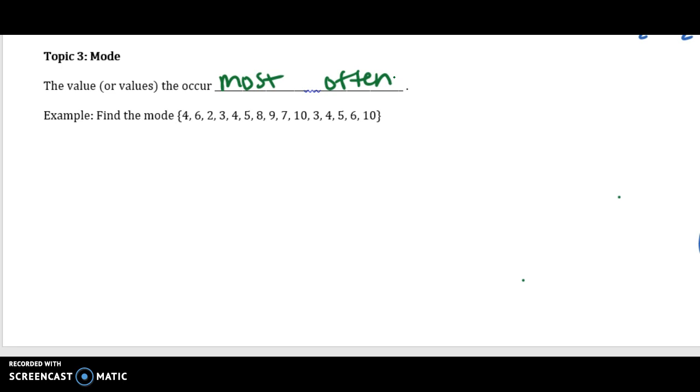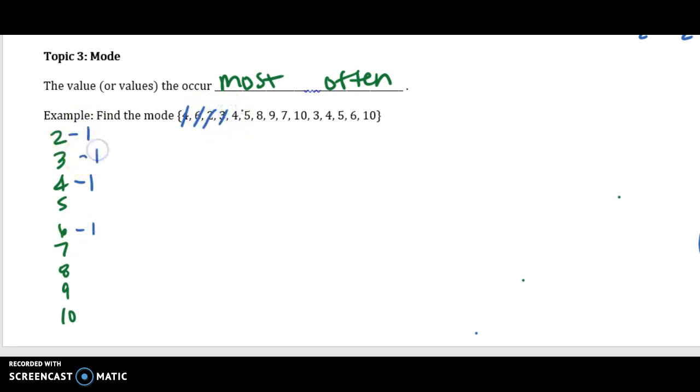You could also do tallies if you wanted. So it looks like my smallest number is 2 and my biggest number is 10. 2, 3, 4, 5, 6, 7, 8, 9, 10. And you can kind of just tally the numbers up. Sometimes I feel like that's a little bit easier just because you'll be able to see it a lot more obviously.